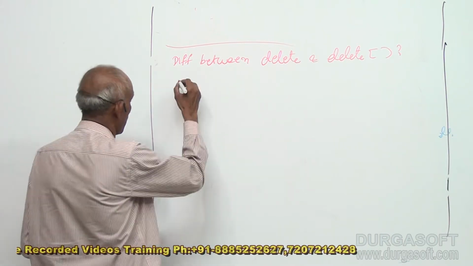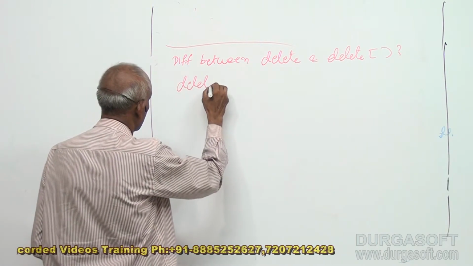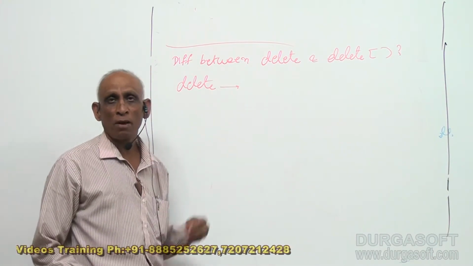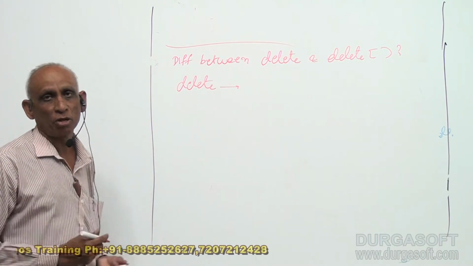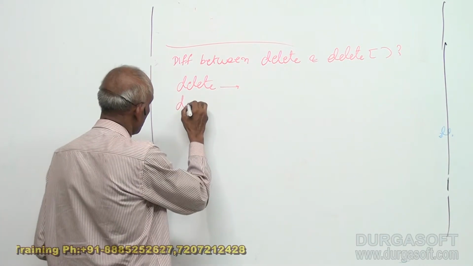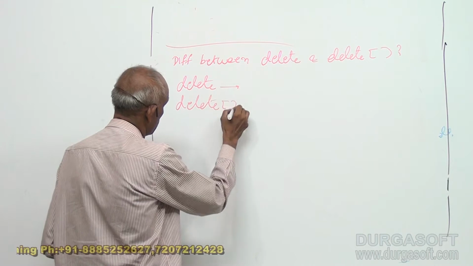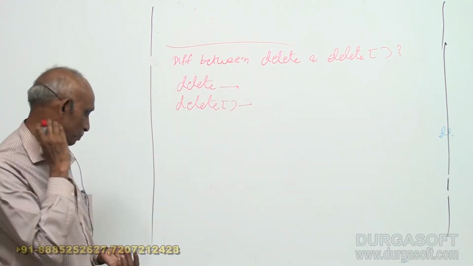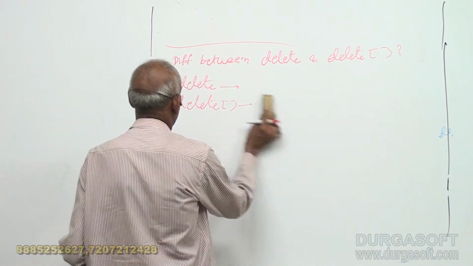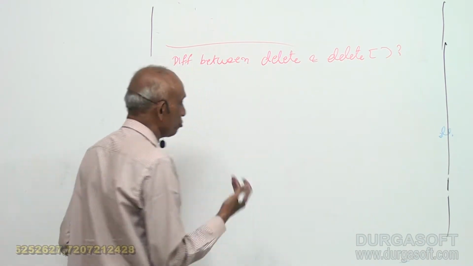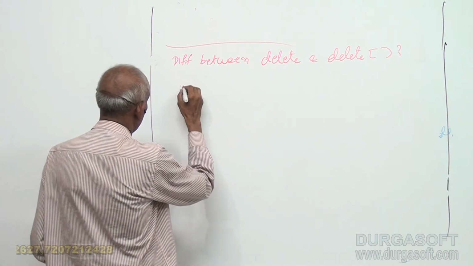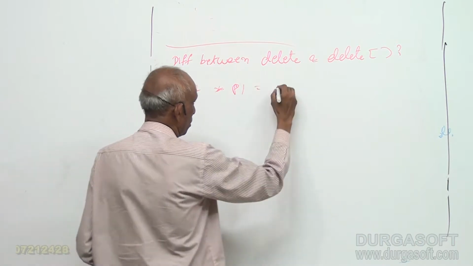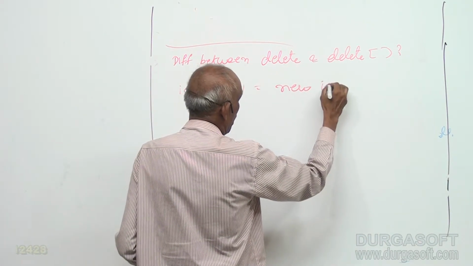So as the name implies, delete means delete one, whatever you allocated, one variable. Delete array means delete array. So when do you use that and when do you use it? For that, let us see how new is used. Suppose I have int star p1 equal to new int.